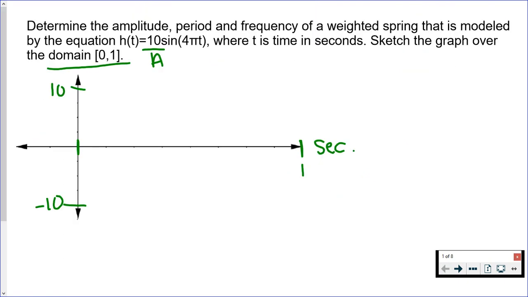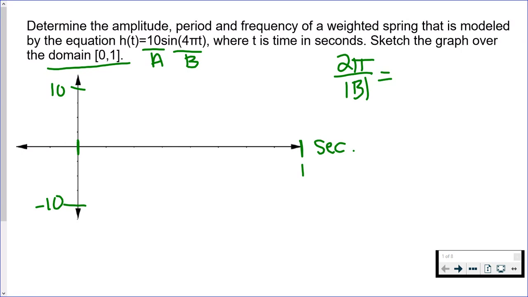Next is the period. B is not the period, but we use it to find the period. Two pi over b is the formula for period.